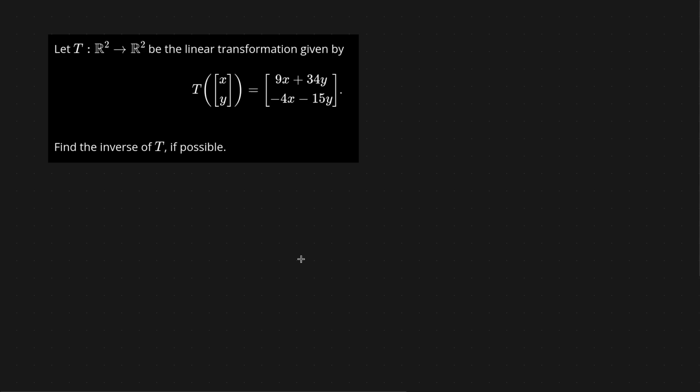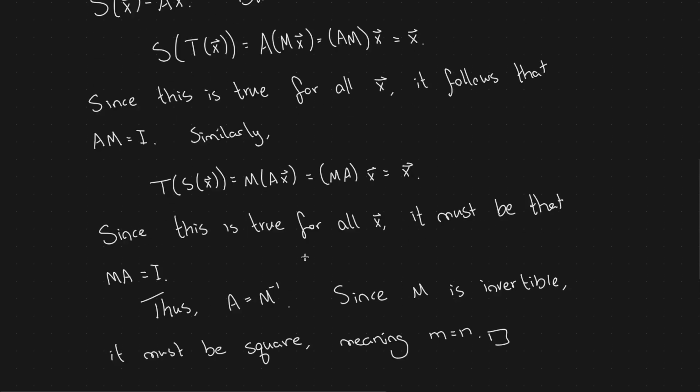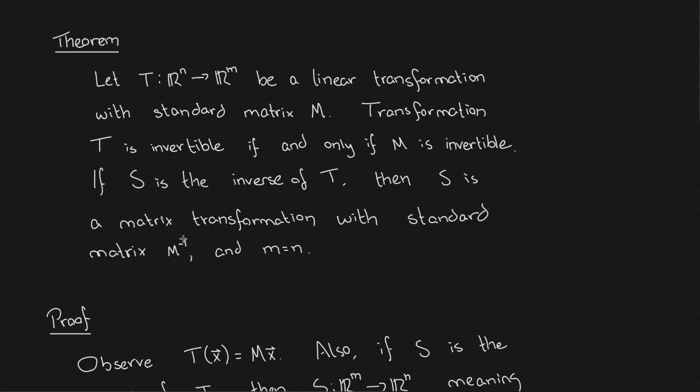If we can find the standard matrix associated with transformation T, then the inverse of that matrix will give me the inverse transformation of transformation T. Okay?